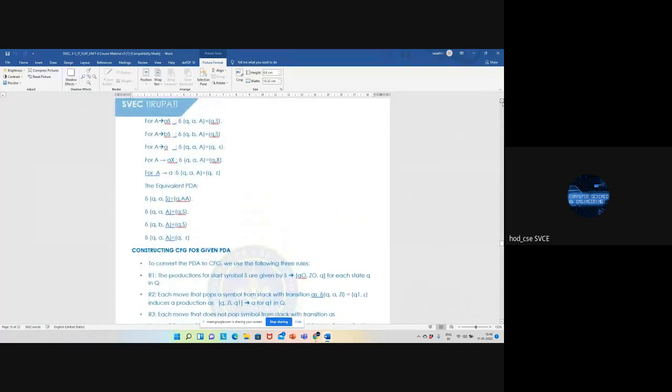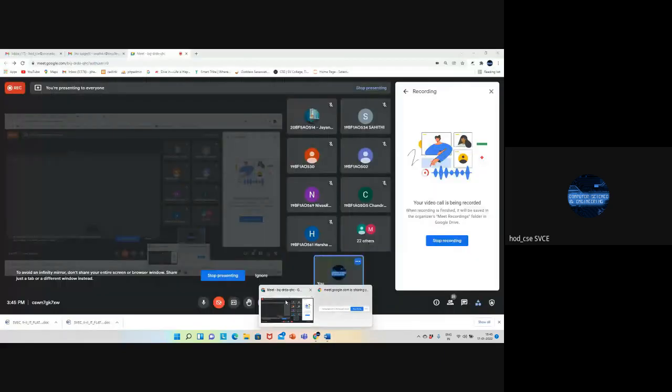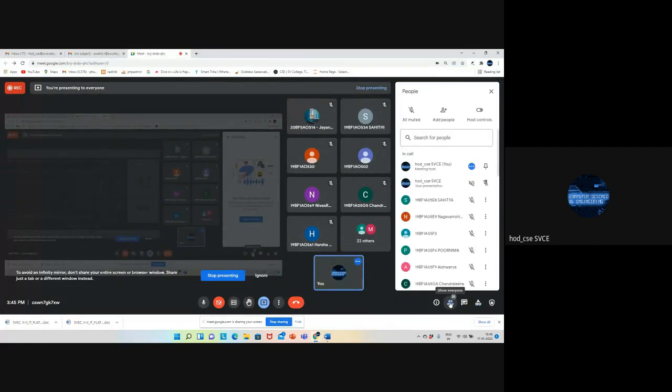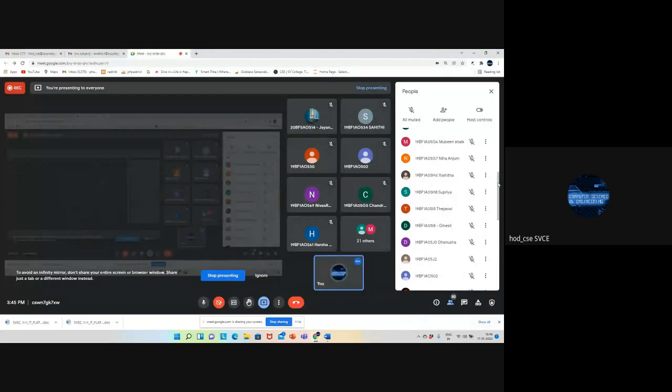Okay. In the next topic, we are going to see the construction of a PDA from context-free grammars. So we have context-free grammars. The rule of a context-free grammar is the production rule.